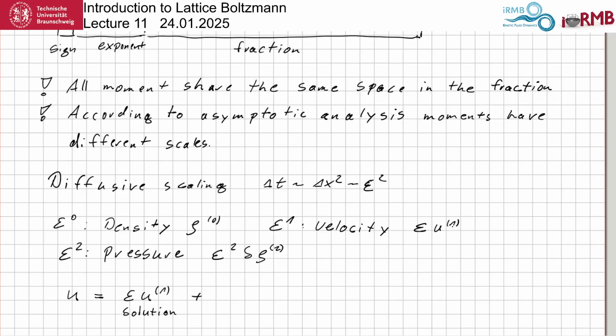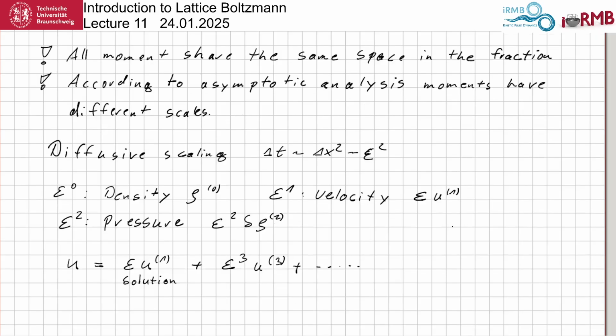And then there come other parts, epsilon to the third order for velocity, and further parts of higher epsilon. These things here are called the error. They also exist, but they are the error.